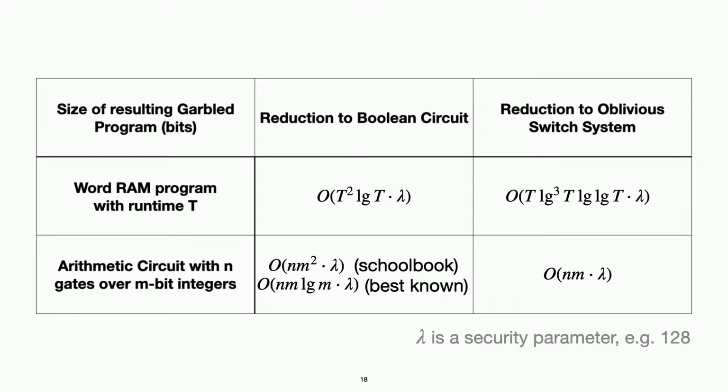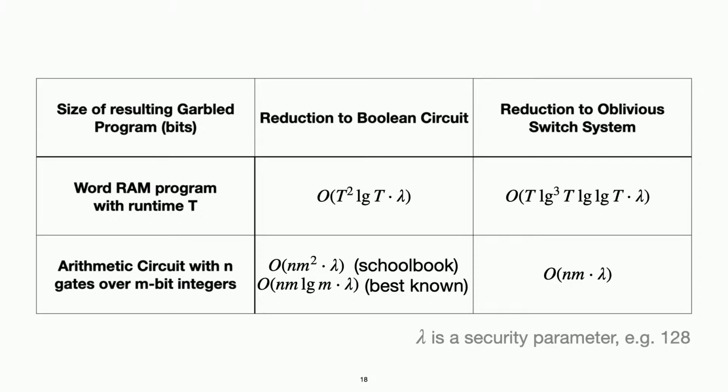So the most dramatic result that we know is that, if you have a word RAM program, so you have some kind of program that is every CPU cycle is reading something from a RAM, and let's say it runs for t steps, and let's say that the things stored in the memory are words of size log t for simplicity. Then if you take this word RAM program and compile it to a Boolean circuit, you're going to get something that scales roughly quadratically with the runtime of the program.